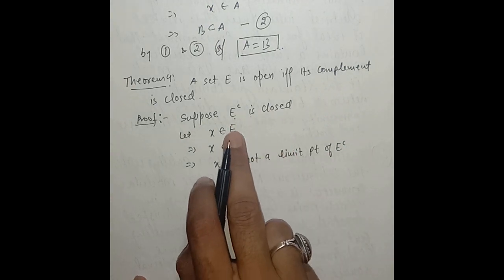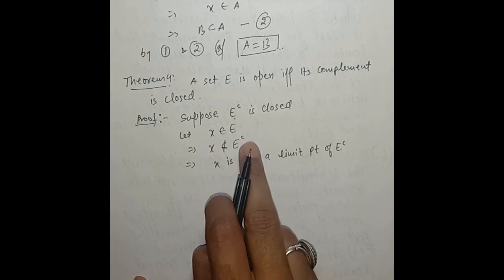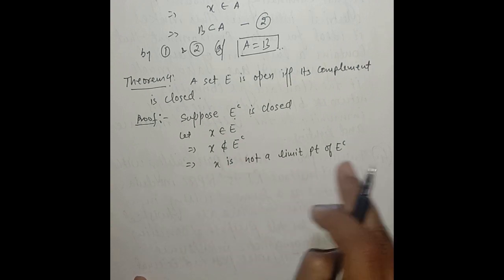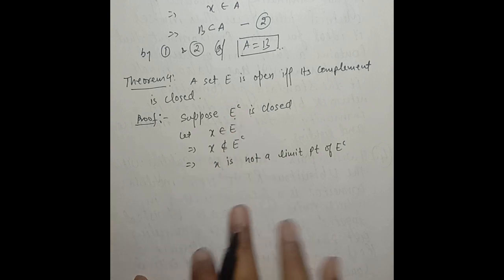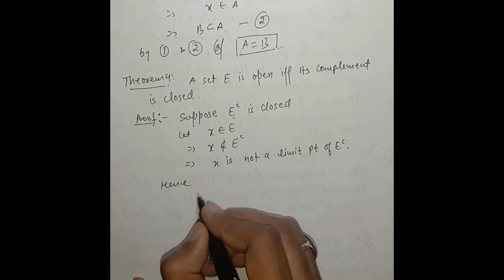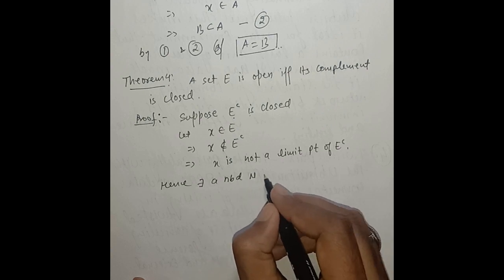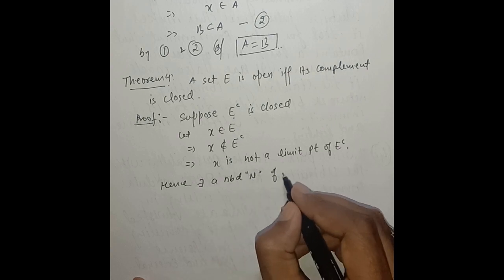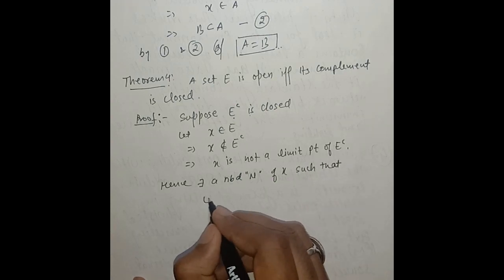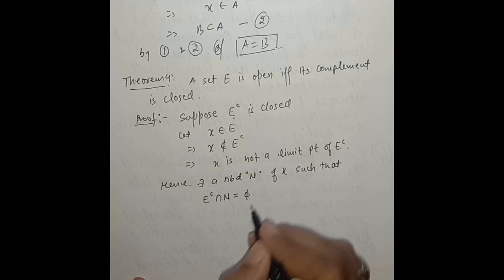If x belongs to E, this implies x does not belong to the complement of E. So x cannot be a limit point of the complement of E because it is closed. Hence there exists a neighborhood N of x such that the complement of E intersection N is equal to phi.